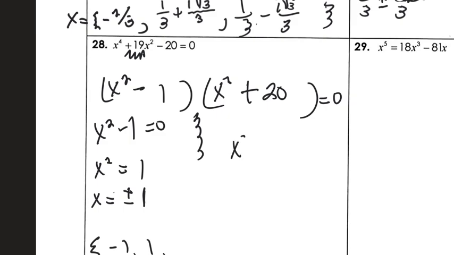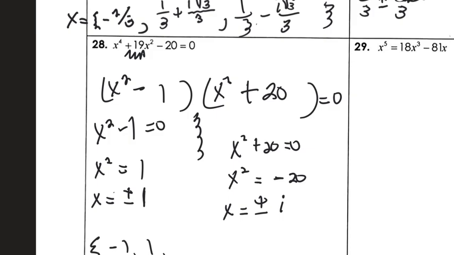And x squared plus 20 equals 0. x squared equals negative 20. Since we don't have any b terms, any plain old x terms, maybe this is easiest. x equals plus or minus the square root of 20 times i, because there's going to be a negative under the square root.